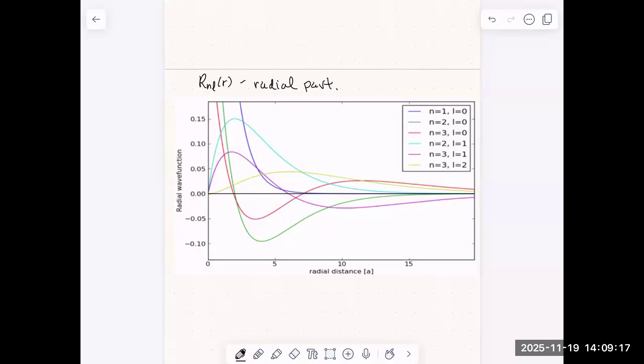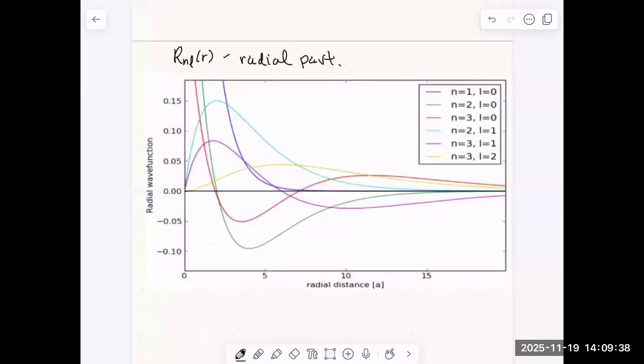Just while we're here, let's look at this. There's n equals 2, L equals 1. That's the cyan, light blue color. And so that one has no nodes. What if I went n equals 3, L equals 1? That's another purplish one. That one has 1 node. It turns out that the number of radial nodes is n minus L minus 1.